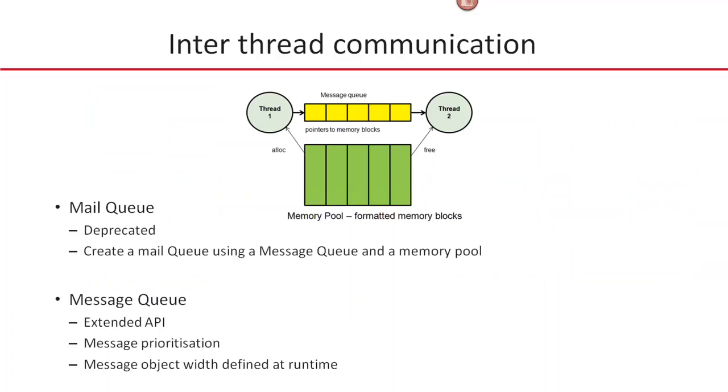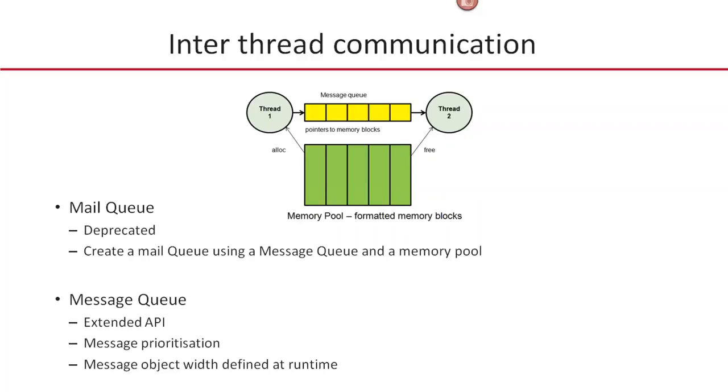There have also been some RTOS calls that have been deprecated. So the mail queue that was used to send formatted messages between two threads has been removed from the API. And this can be replaced by using a message queue which sends a pipe of objects and memory pools.